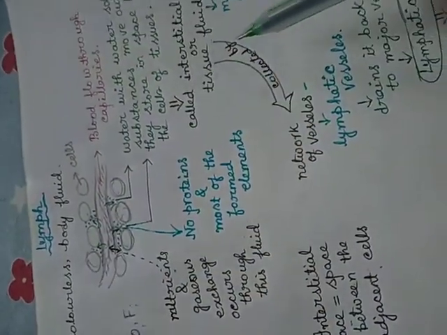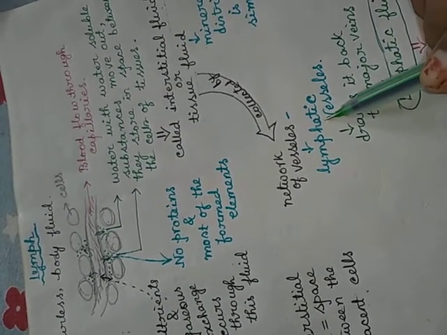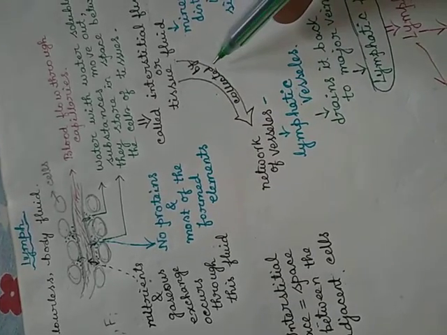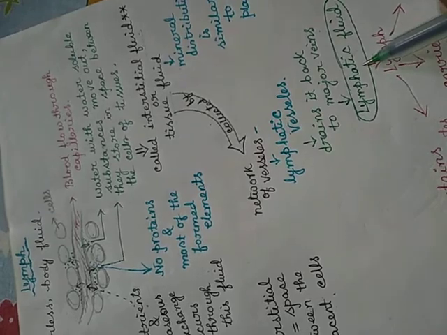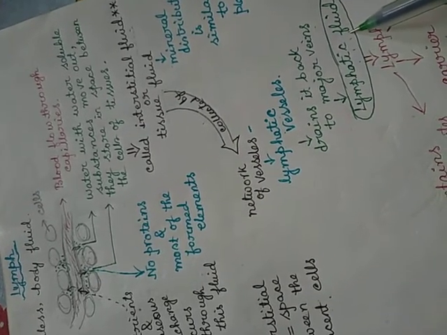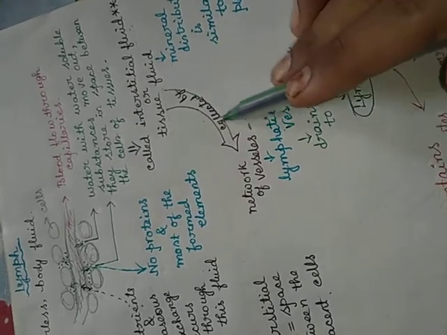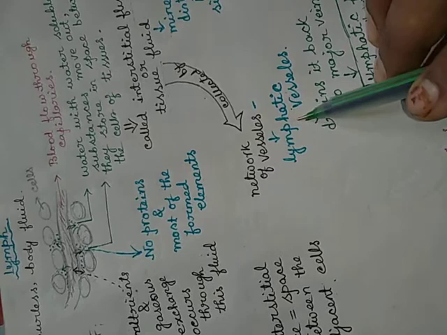Now this tissue fluid is collected by lymphatic vessels. Lymphatic vessels collect these tissue fluids, and then drain it into a major vein, and then it is called lymphatic fluid, or lymph. This tissue fluid is collected by a network of vessels called lymphatic vessels.